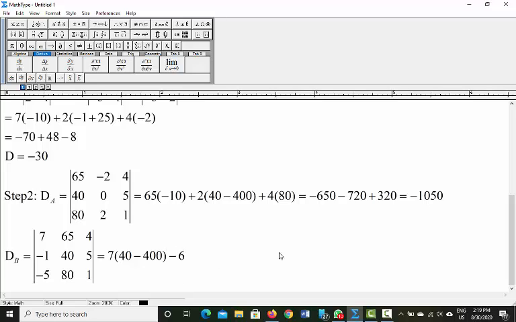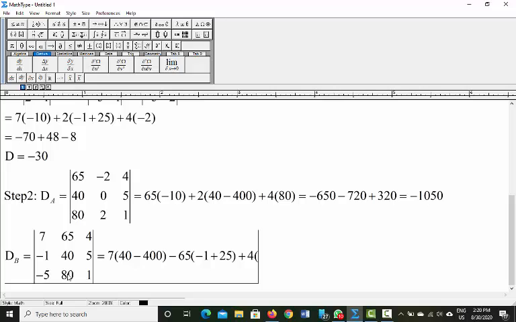And then minus 65. When you take this one, we will ignore this one. We will be left with minus 1, 5, minus 5, 1. So minus 1 multiplied by 1 is minus 1, and then minus 5 multiplied by minus 5, so minus a plus 5, 5 multiplied by 5 is 25. And then plus 4. This one we will ignore, so we will be left with minus 1, 40, minus 5, 80.